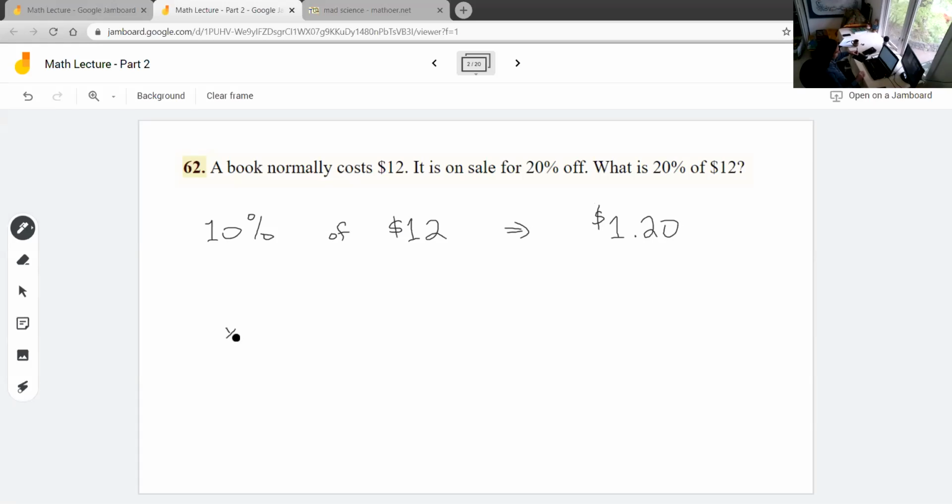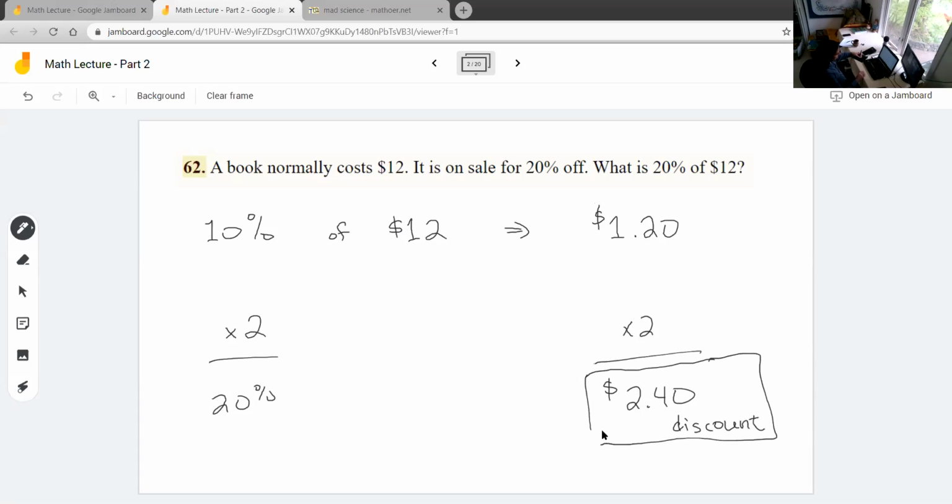So times 2 to get to 20%, 40. So potentially handy. Questions on this? Should we keep going to different stuff?